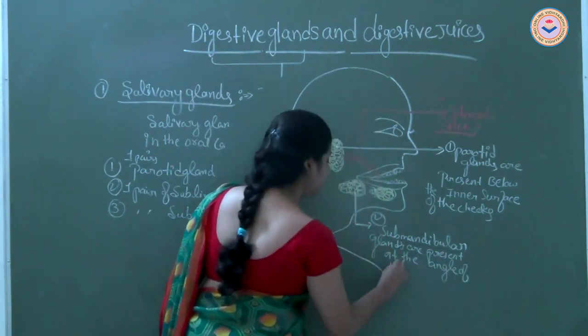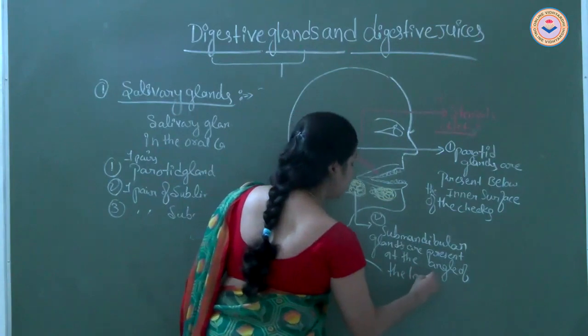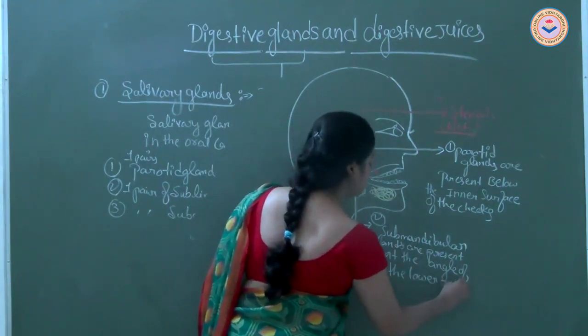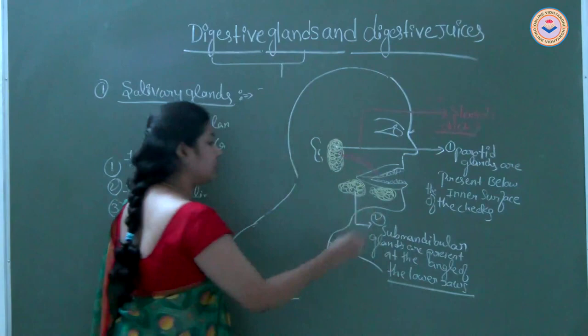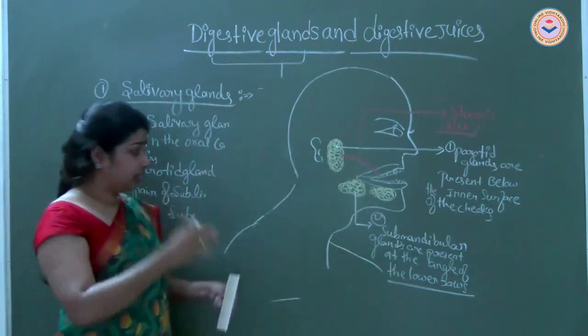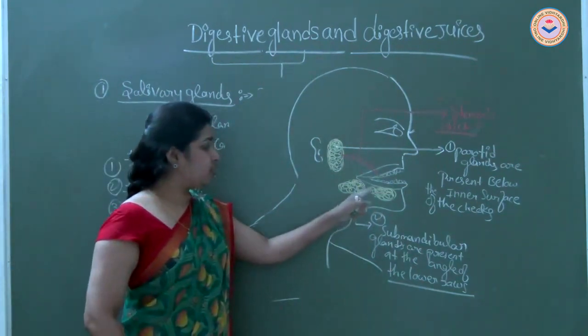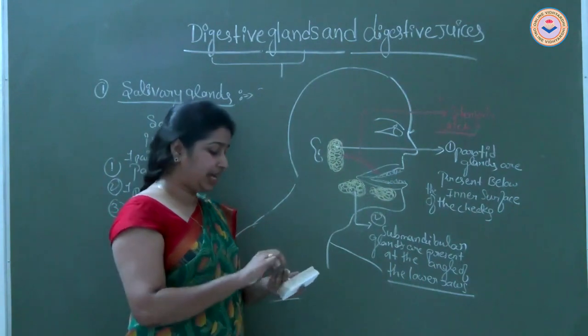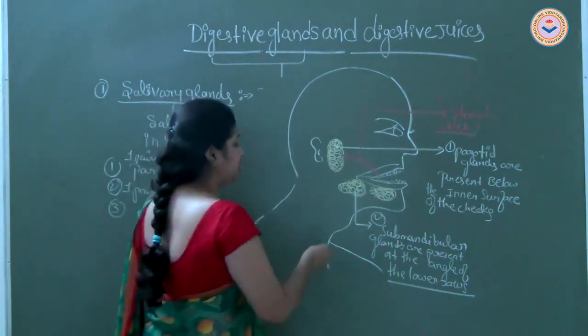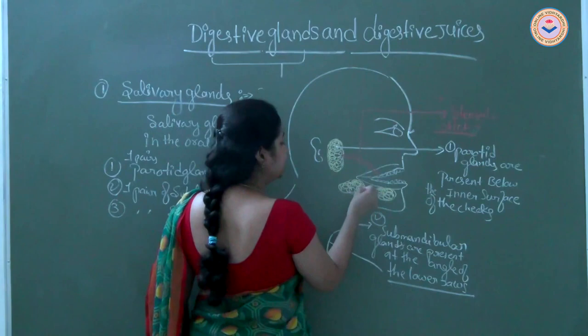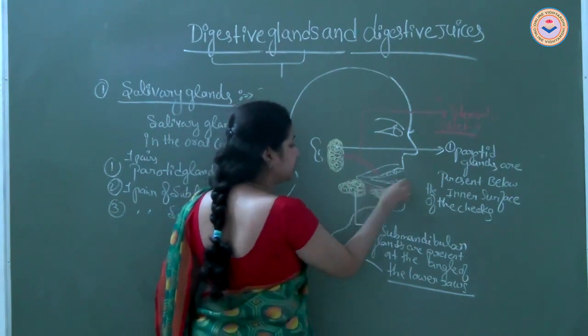Their duct opens into the oral cavity near the central incisor of the lower jaws.